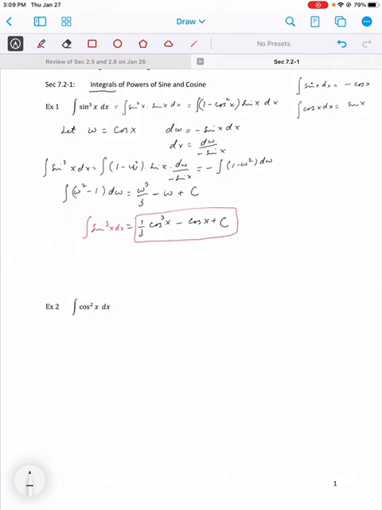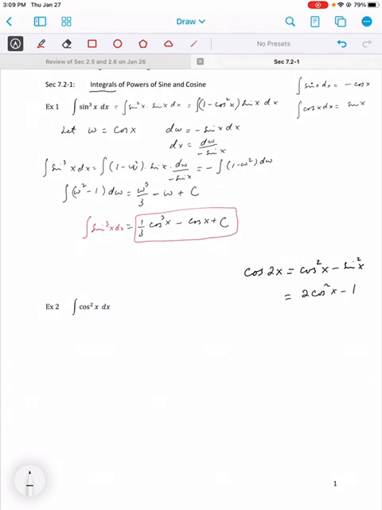There are 3 representations of cosine 2x. Cosine 2x can be written as cosine squared x minus sine squared x, or it can be written as 2 cosine squared x minus 1, or it can be written as 1 minus 2 sine squared x.